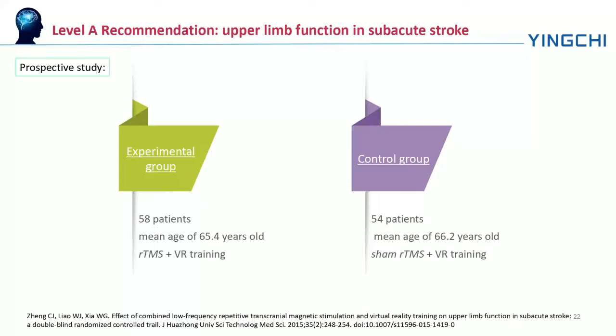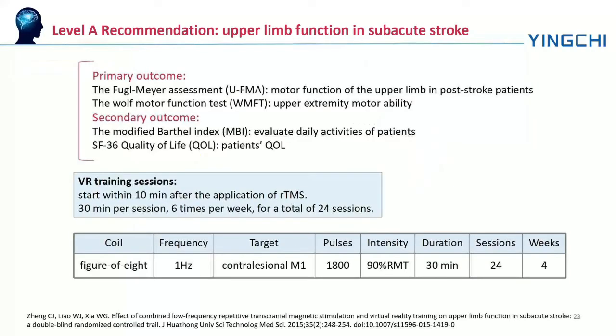First, in this study, they have 48 patients in the experimental group, and the control group has 54 patients, which use sham rTMS plus VR training. Their primary outcome is the motor function of the upper limb, and the secondary outcome is to try to improve the daily activities of patients and their quality of life.